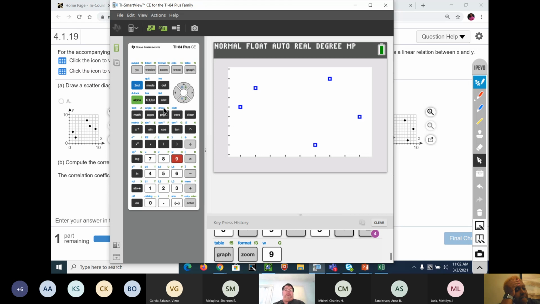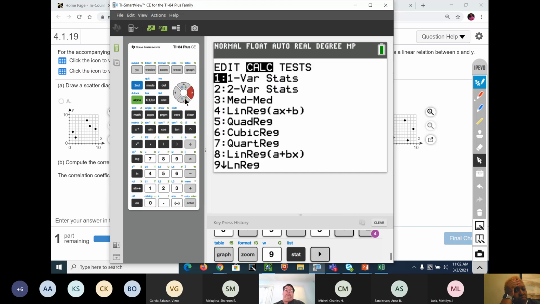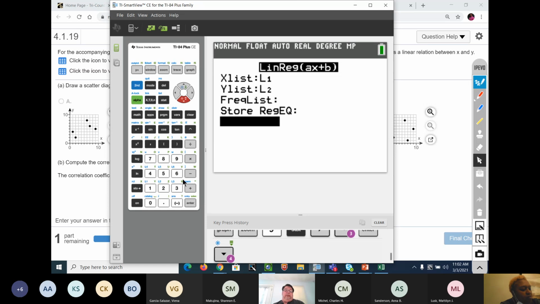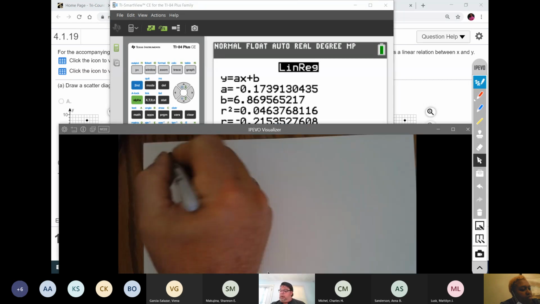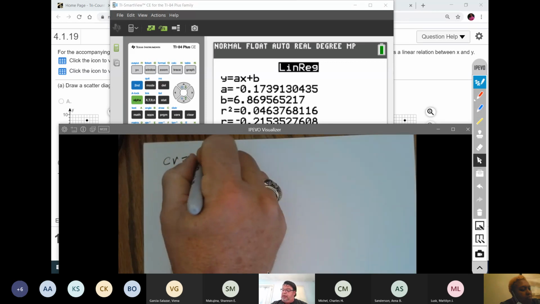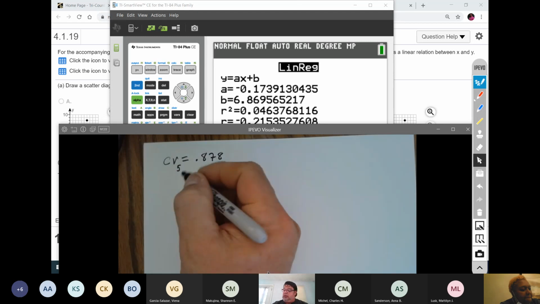Well, I'm going to go ahead and hit stat, calculate, linear regression. How many points do we have? 5? So it's still going to be 0.878. So my critical value at 5 points is still 0.878. We'll check it here in just a second.